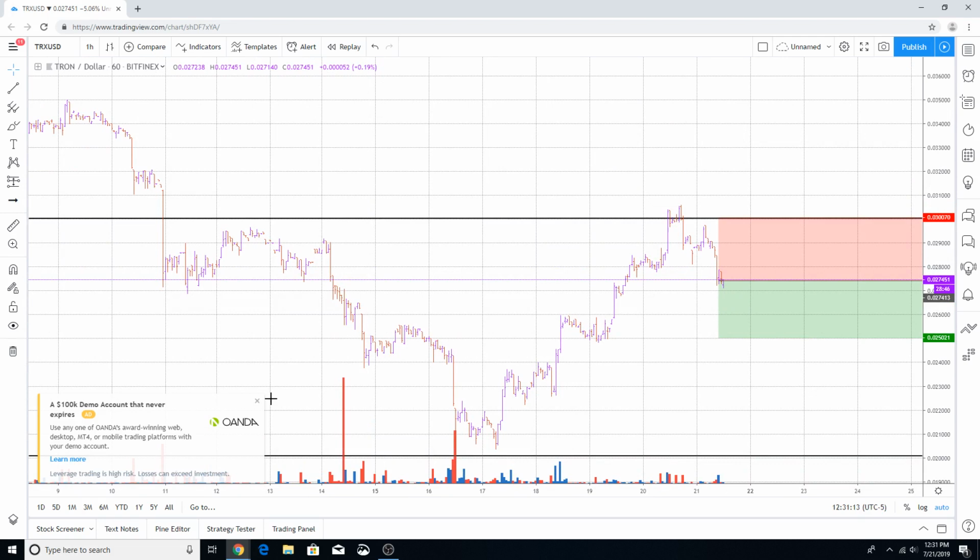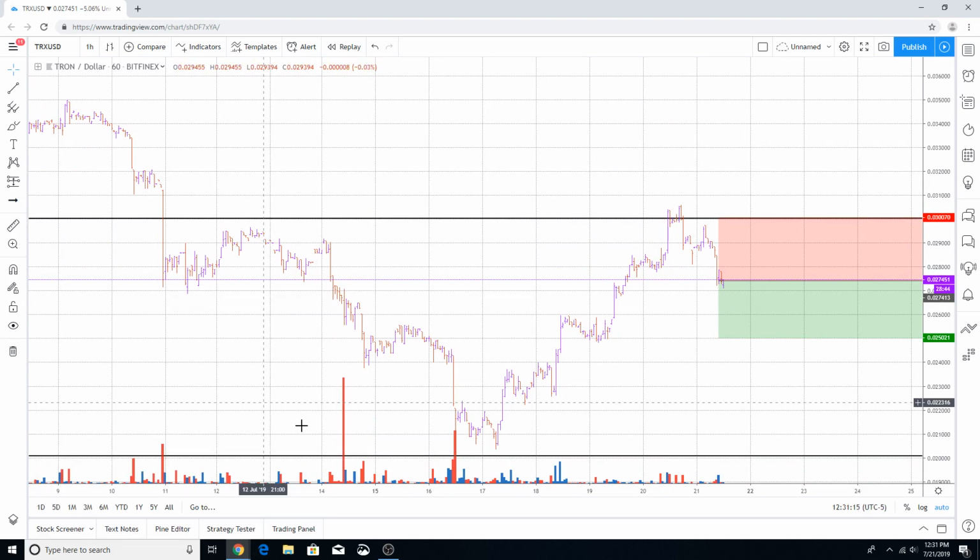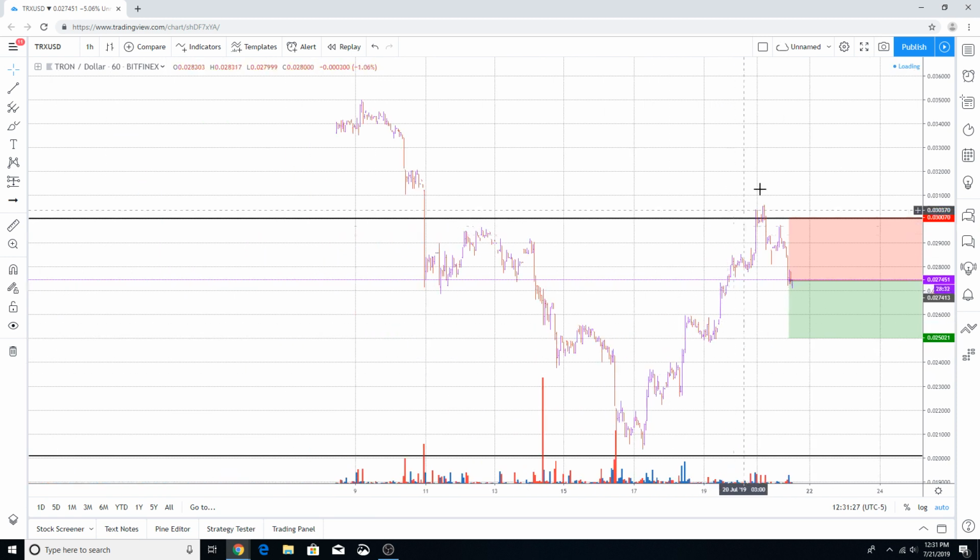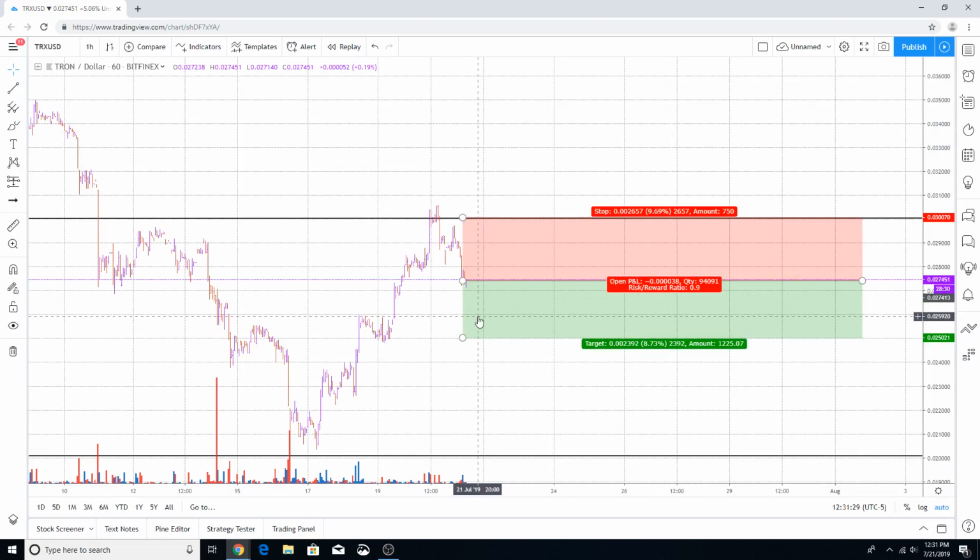Now, when I move it to an even smaller time frame, again, 0.027 is a very good area to see the market in Tron find some support. 0.026 as well. So TP for us in this very small time frame would be for the market to find some support between 0.026 or 0.027.